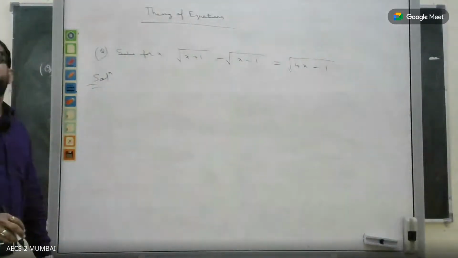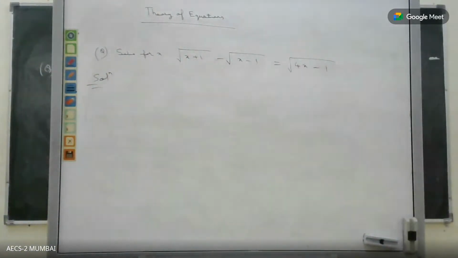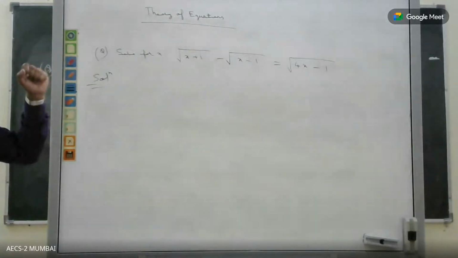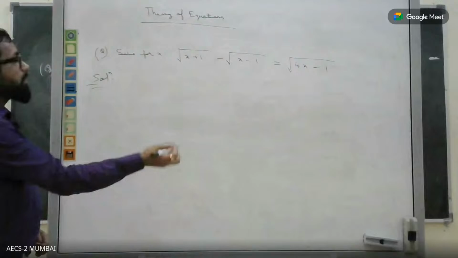How many got 5/4? Others? See here, you have to square, right? What will you get?